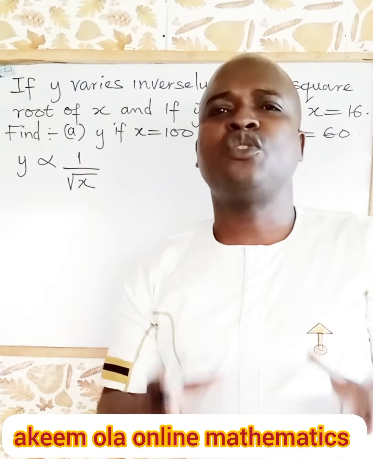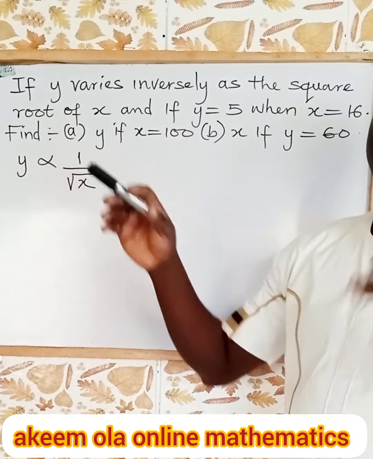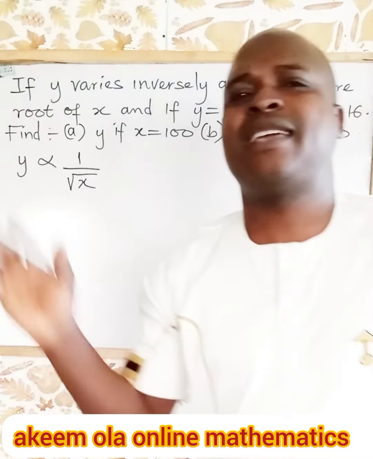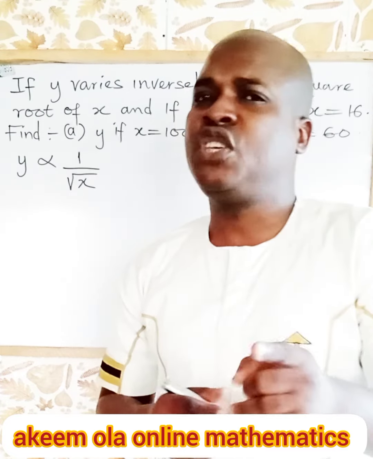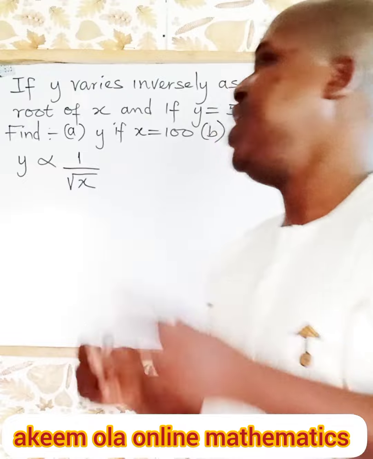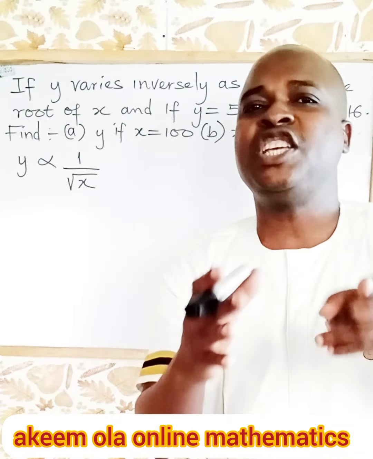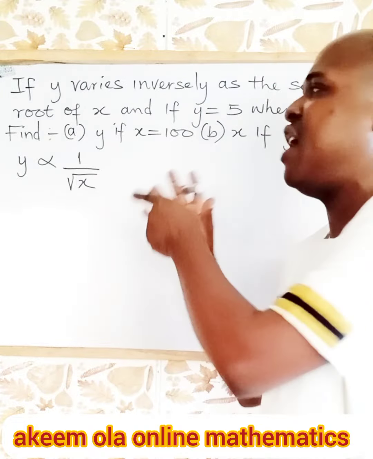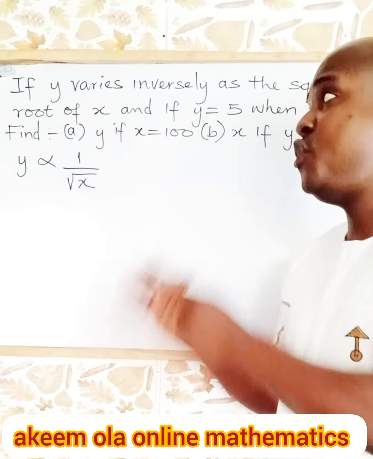So what we need to do now is to change this proportionality sign into an equality sign, and by doing so we are going to introduce a constant, which will also be an alphabet, but it must be different from the alphabet of the two quantities that you are dealing with.